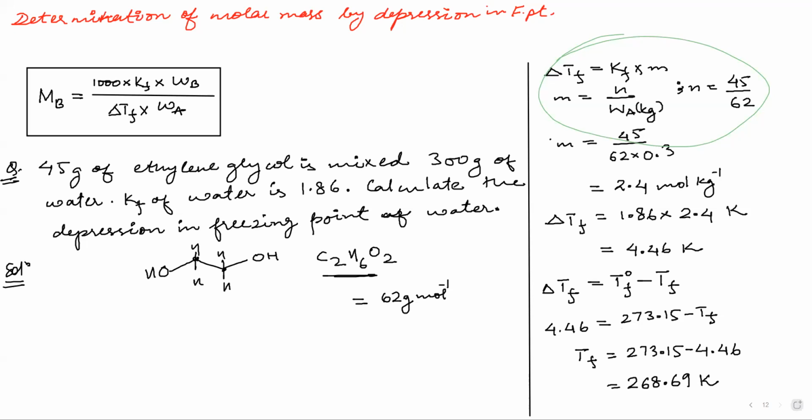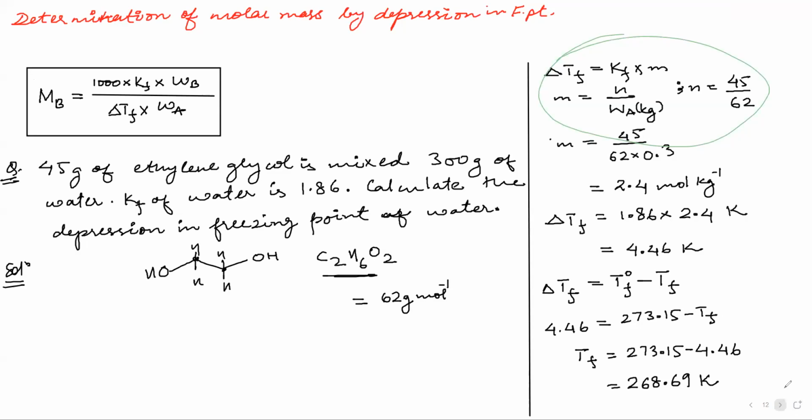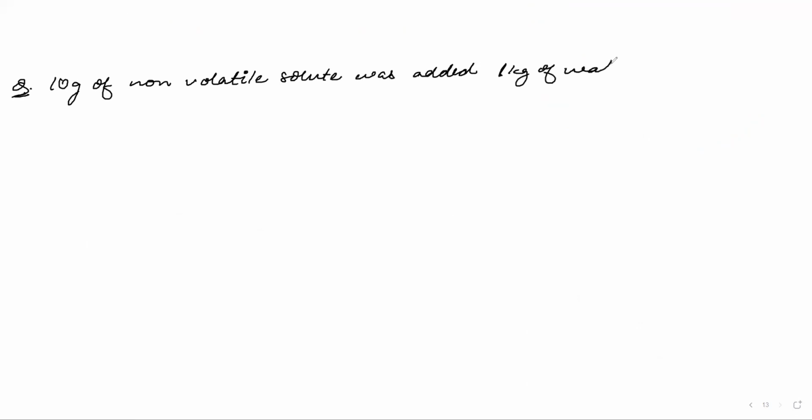WA and WB. Just take 10 gram of non-volatile solute was added to 1 kg of water.